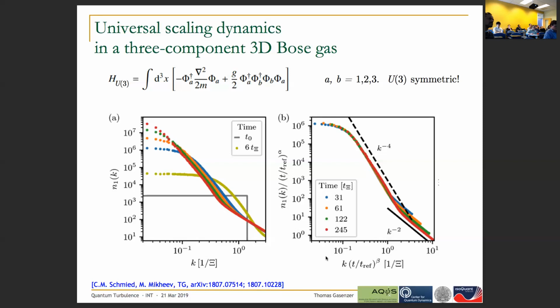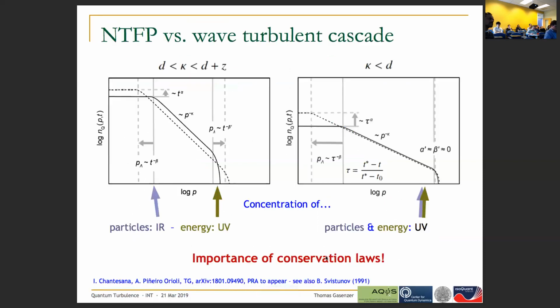Now, first of all, before I go on to argue about the theory behind this a bit more, let me point out that this is to a certain extent different from what we have in the turbulence cascade. So in turbulence, there are cascades which describe direct or inverse flow.